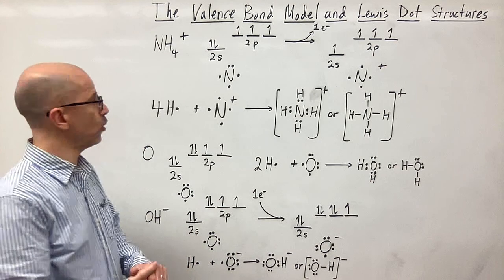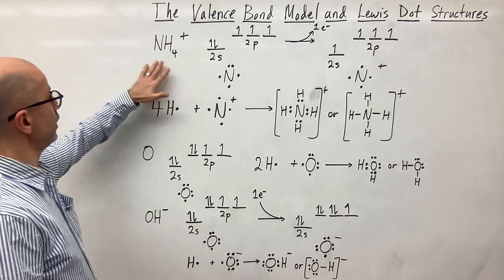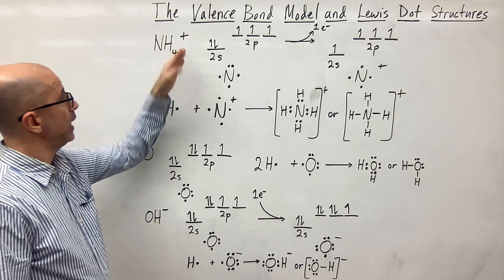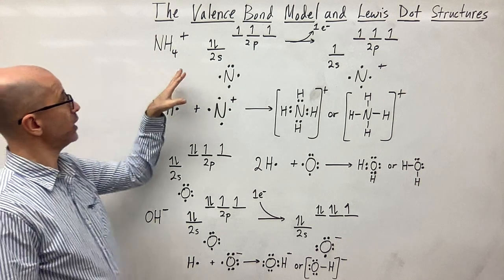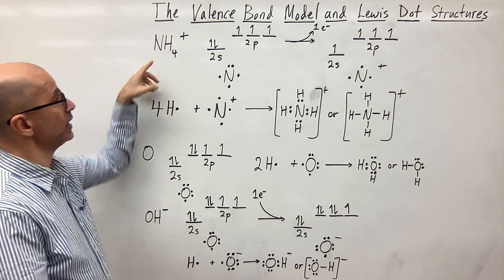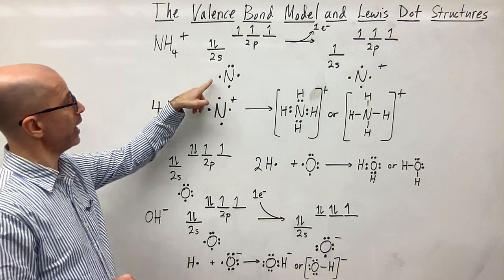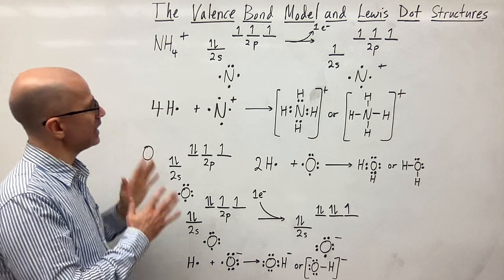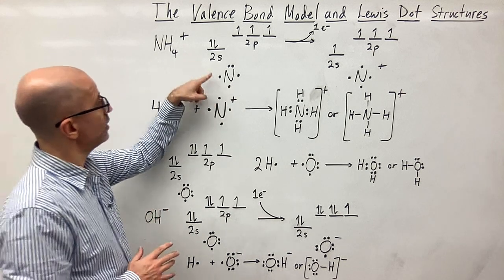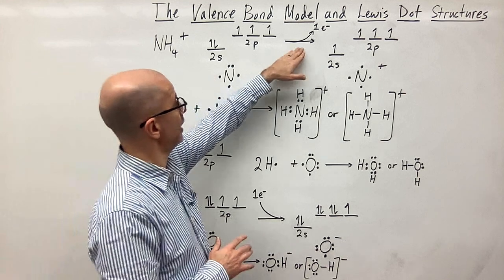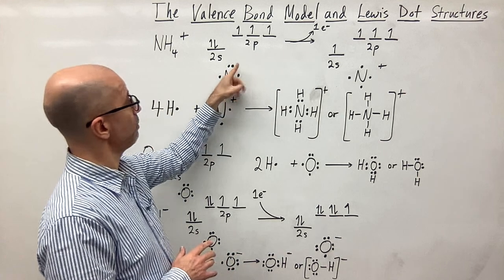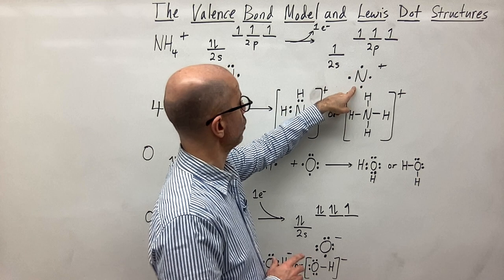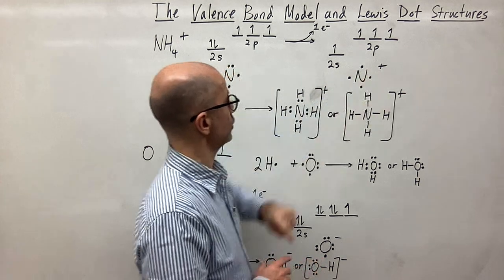Okay, let's quickly go over these. So here in this case, you have ammonium, which is NH4+. In this case, the nitrogen would need to bond 4 times, but we only have 3 unpaired electrons here. So it's as if nitrogen is losing an electron. It loses an electron from the pair, and therefore now you have 4 unpaired electrons with a plus charge on the nitrogen.